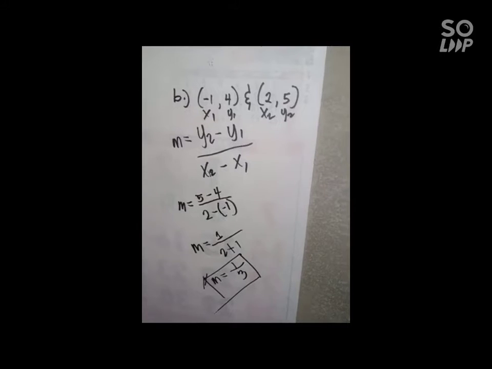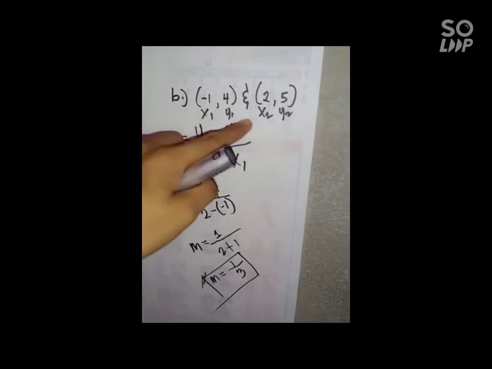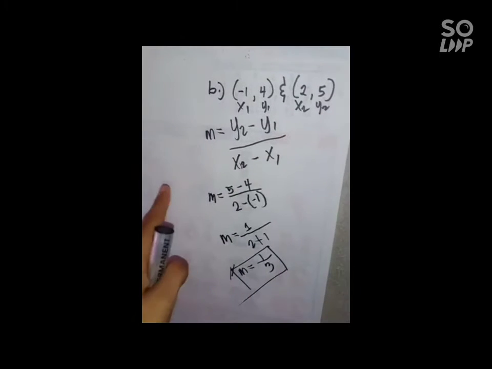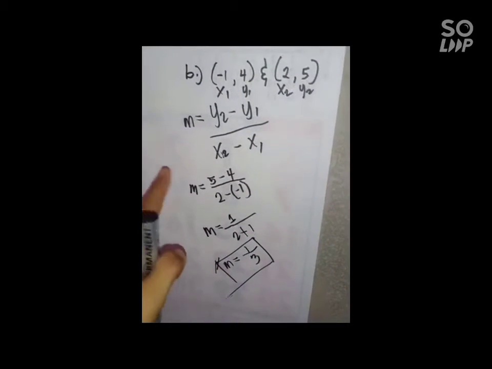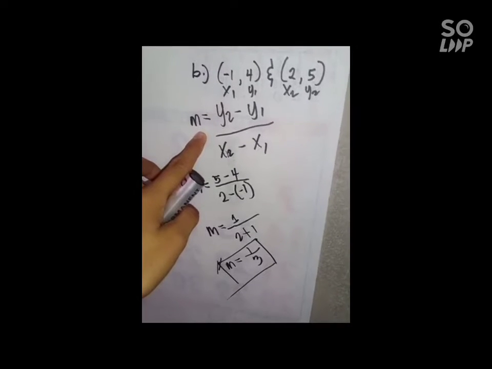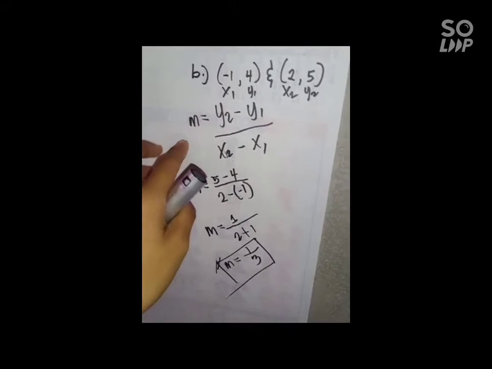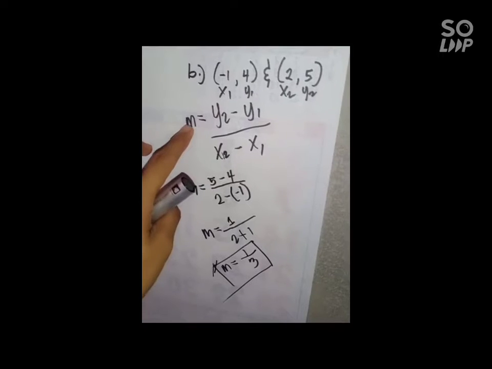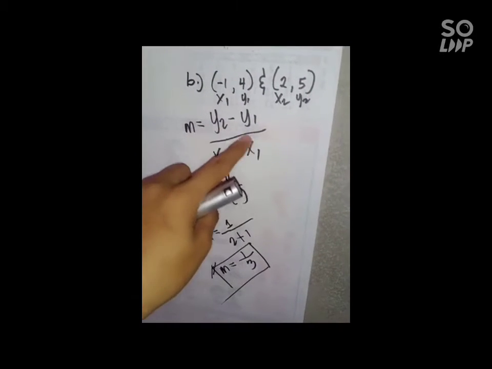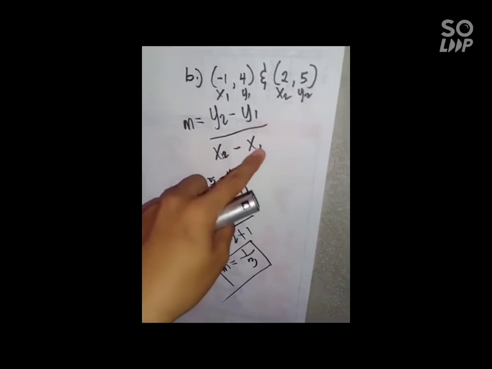For B, we also write the x1, y1, x2, y2. It is the same procedure as letter A. So this is our slope formula, given 2 points: m is equal to y2 minus y1 over x2 minus x1.